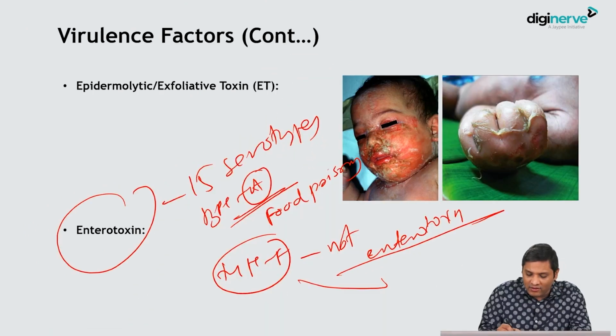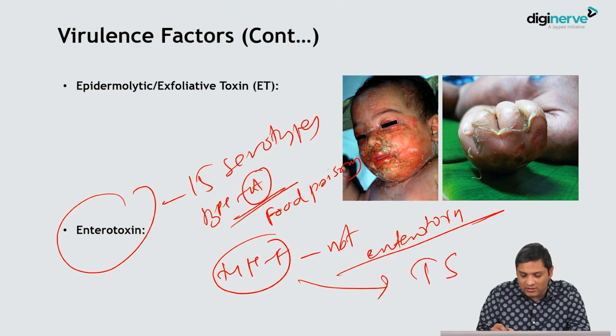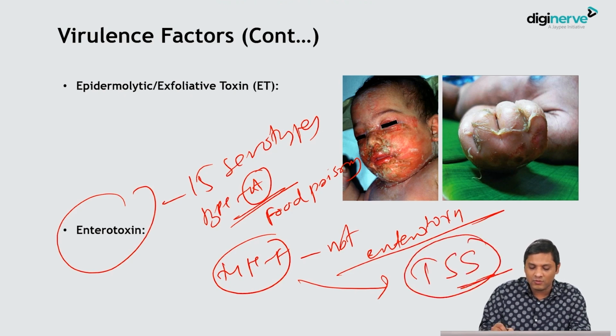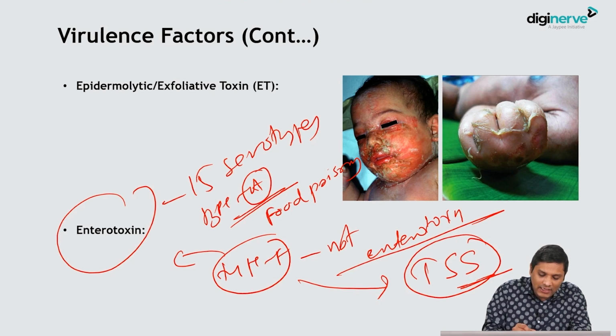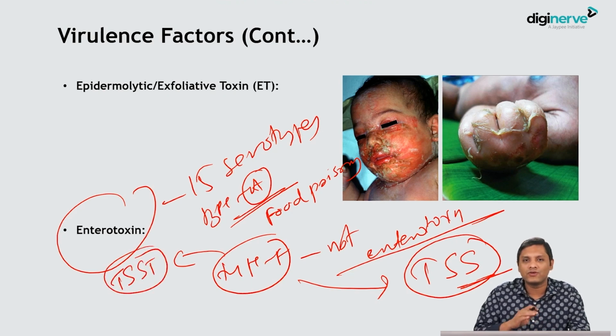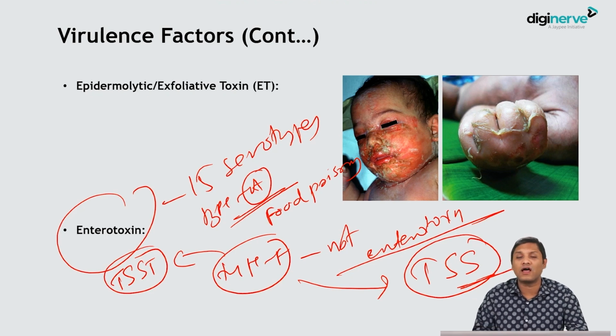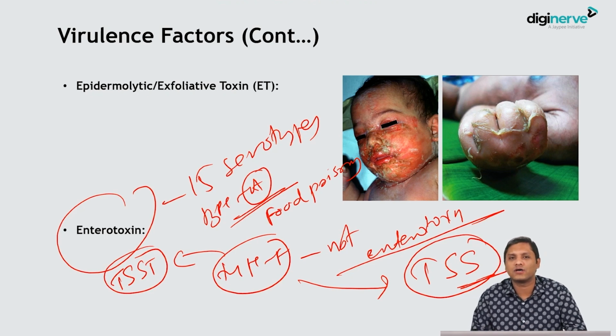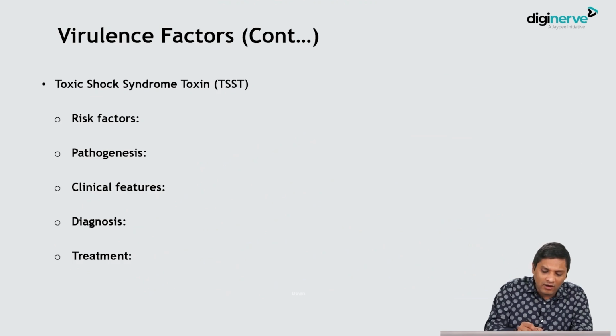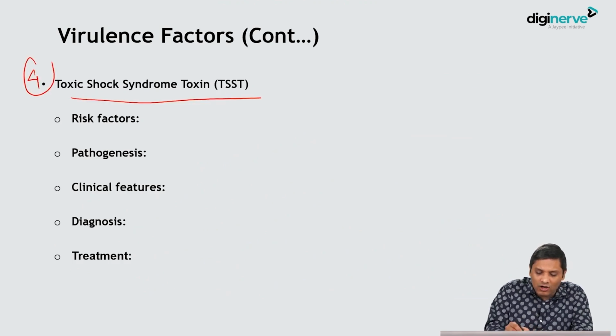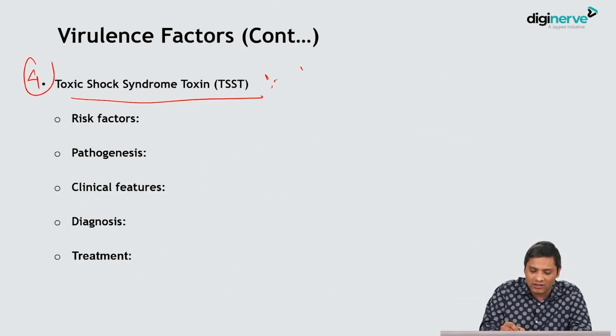In fact it causes another syndrome called toxic shock syndrome, and hence this toxin is renamed toxic shock syndrome toxin. So with this we will discuss the next toxin and the most virulent toxin of Staphylococcus aureus, called toxic shock syndrome toxin. It is nothing but enterotoxin type F.